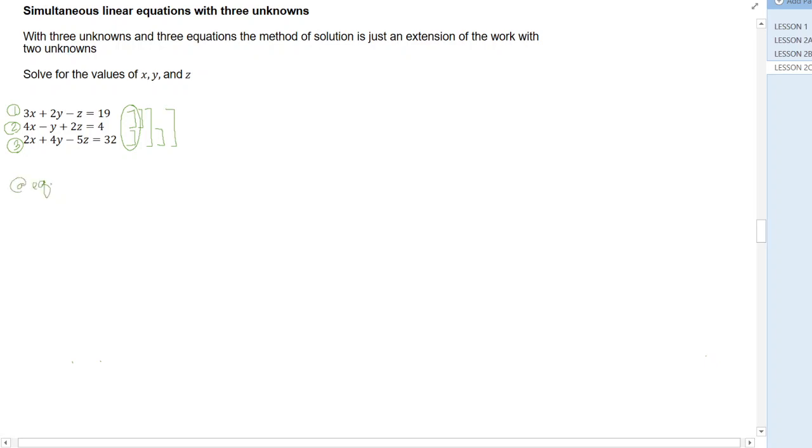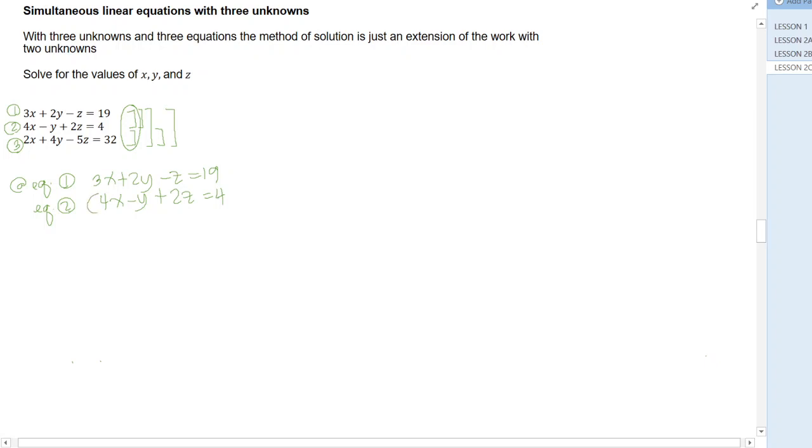At equation 1, we have 3x plus 2y minus z is equal to 19. And equation 2 is 4x minus y plus 2z is equal to 4. To be able to cancel y, it is easier if we multiply equation 2 by 2.